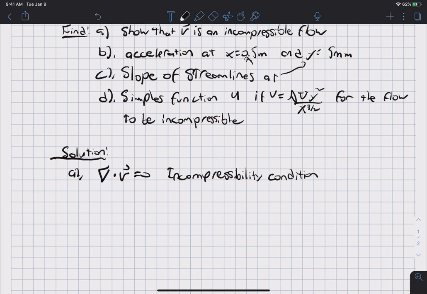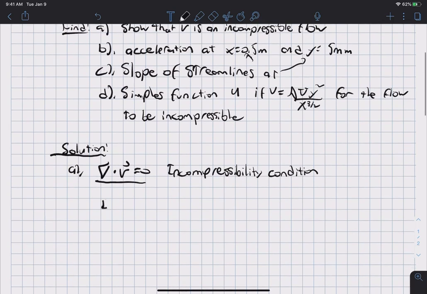Okay, so to check if the flow is incompressible, we just need to stick in the velocity vector and compute its divergence and see if it's equal to 0. So in 2D Cartesian, the divergence of the velocity vector is partial u, partial x, plus partial v, partial y.